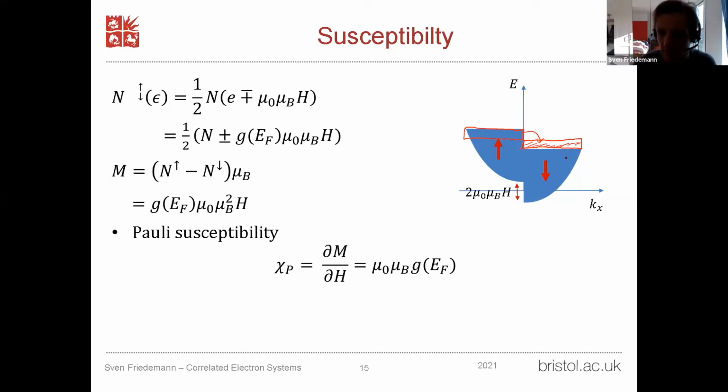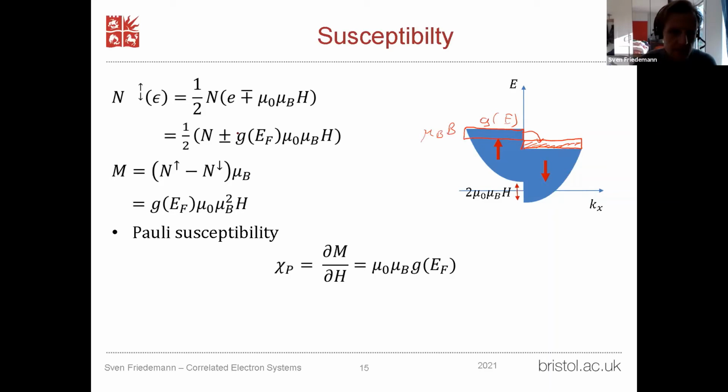And that's where we then have a majority, more of the spin down states occupied. Now this box has a width proportional to the density of states, and it has a height proportional to the magnetic field. So it's just this mu B times B.